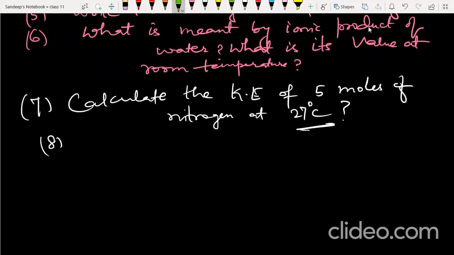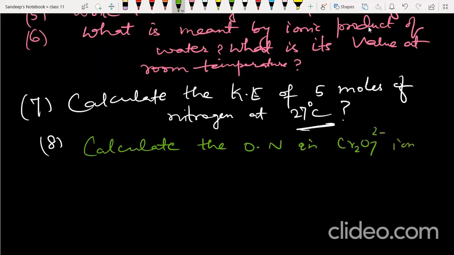Next question, calculate the oxidation number on the chromium atom in dichromate ion. You are given a dichromate ion and asked the oxidation number on chromium.